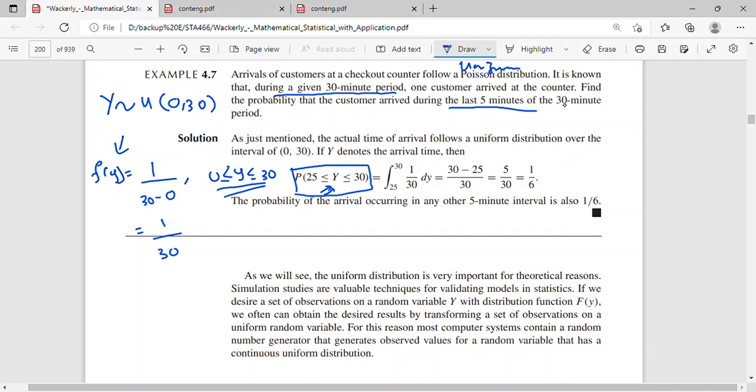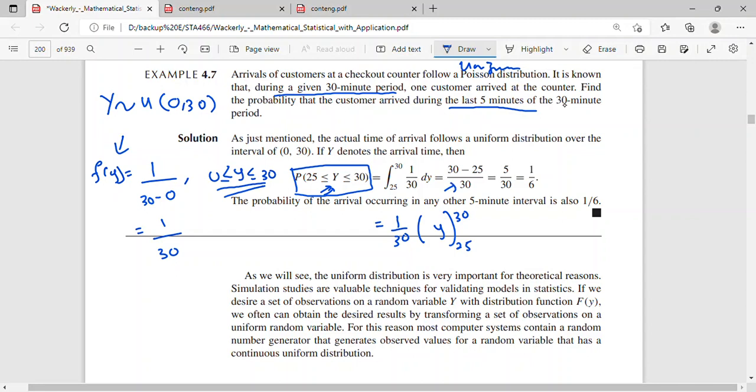Alright. So when you integrate, I will do it down here. Because 1 over 30 is a constant, I take it out. Integrating the constant, you get y, from 25 to 30. So finally you get this part.